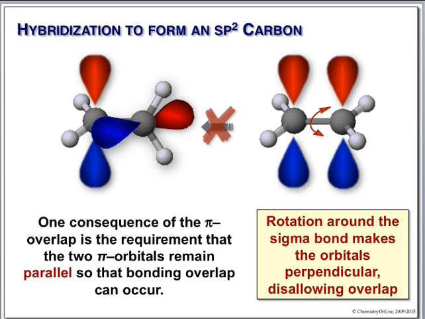But if we rotated this 90 degrees, it would look like this, and the overlap integral, it's called, drops to 0 when these things hit 90 degrees. So this is energetically much more stable than this is. So we simply do not have rotation around the carbon-carbon double bond.